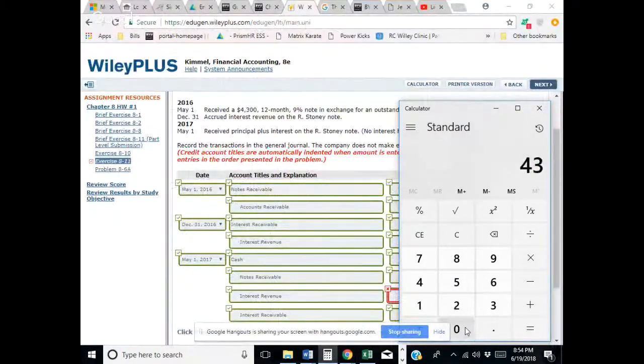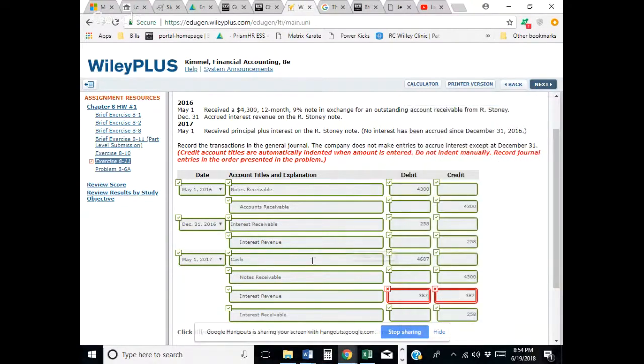I'm having a bit of a hard time today. Okay, 4,300 times 0.09 is 387. So it's 4,300 plus 387. We're going to debit cash for $4,687. Next is notes receivable. We credit notes receivable for $4,300.